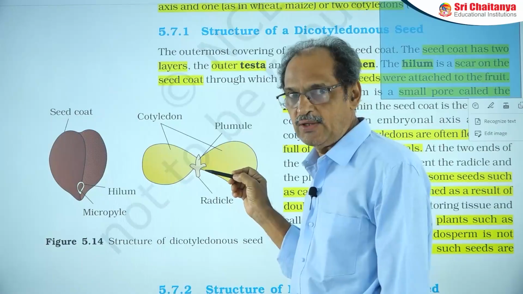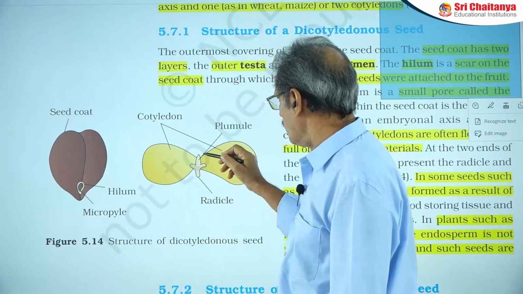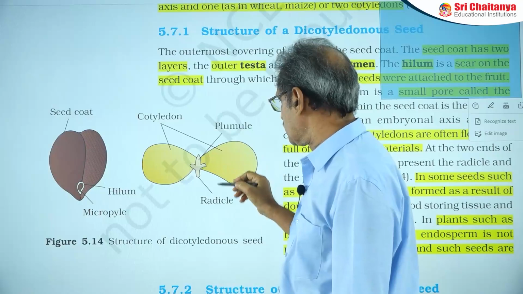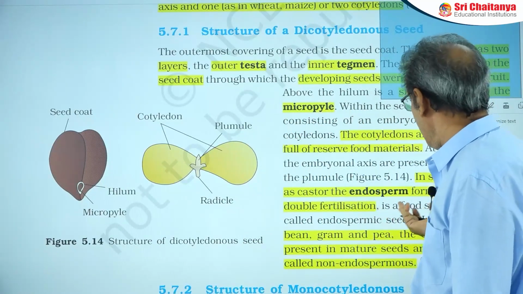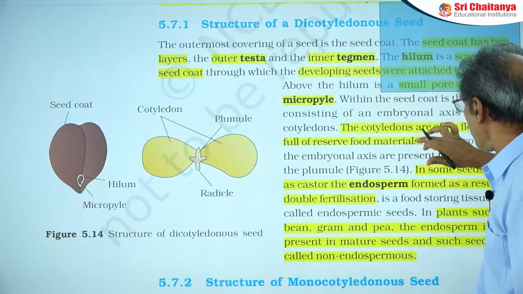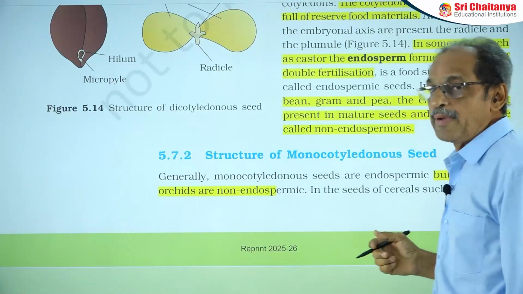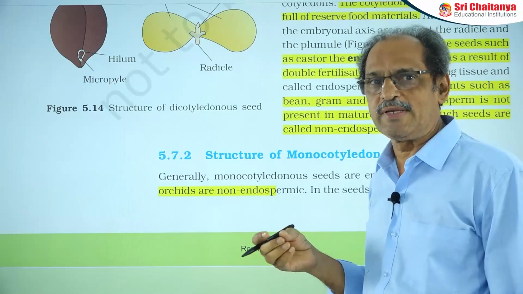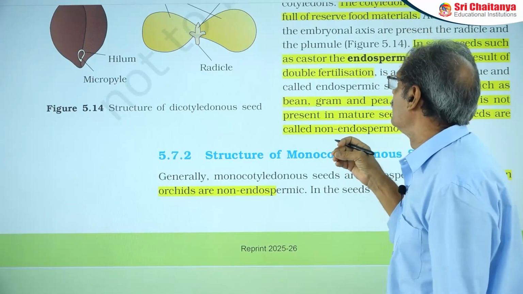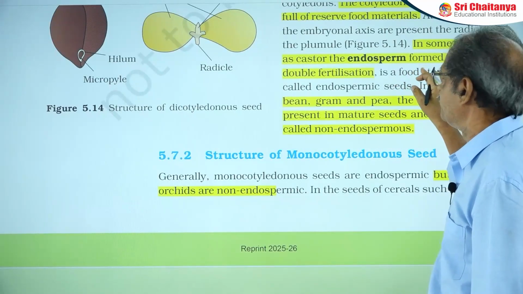Tigellum, T-I-G-E-L-L-U-M, and it is differentiated into plumule and radicle. Anyway, you know, plumule develops into the shoot system, radicle develops into the root system. And here, the seed may contain endosperm or may not. In some cases, the entire endosperm is used by the developing embryo, then it is called a non-endospermic seed or exalbuminous.